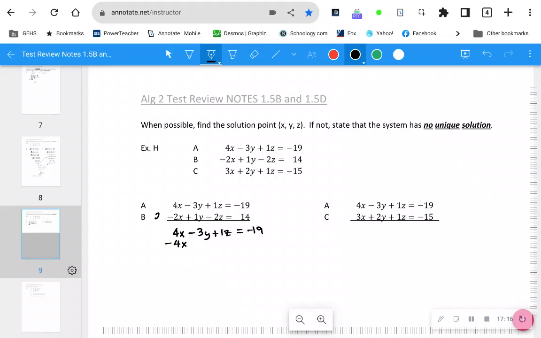The bottom line has to be doubled. Add these lines, cancels out the x. And you get 9 over here. That's the one I call the star equation.